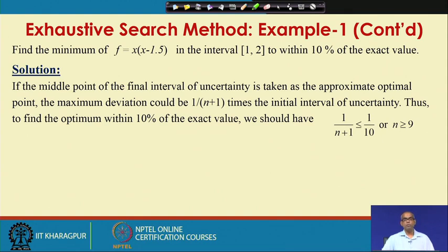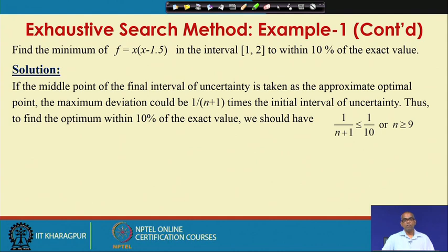Please note that the exhaustive search method will not give you the exact minimum. It will always bracket the minimum between 2 points. We can go on decreasing the length of this interval.